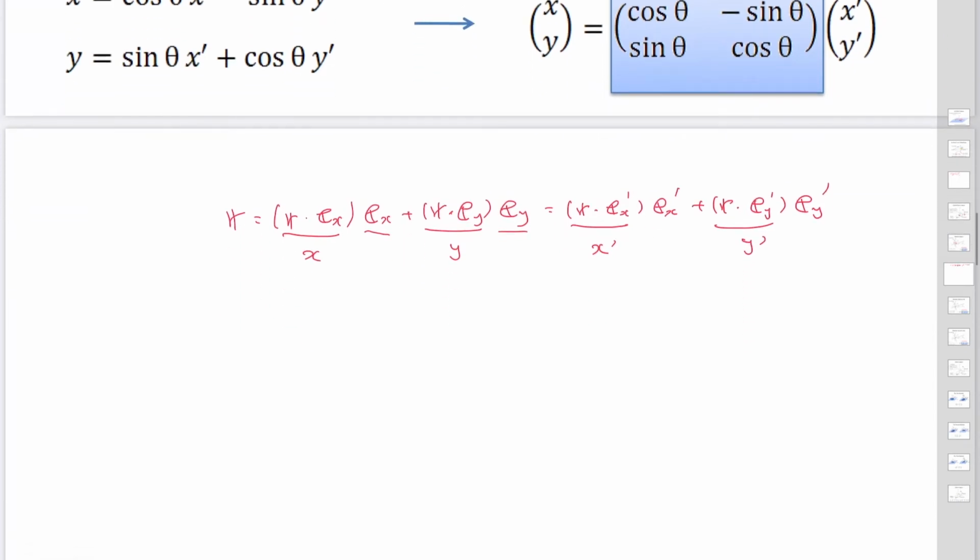So we can express the equation x e sub x plus y e sub y equals x prime e sub x prime plus y prime e sub y prime. This is equation 1.